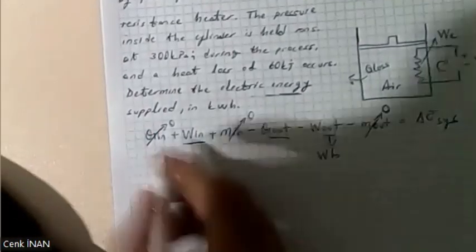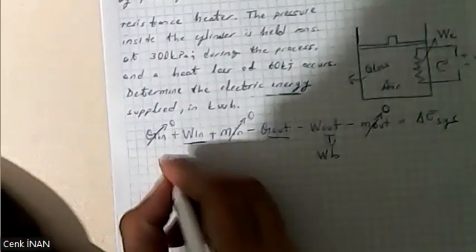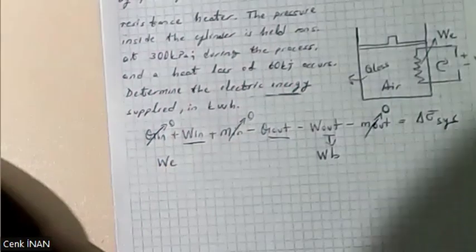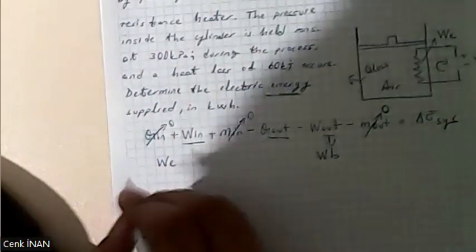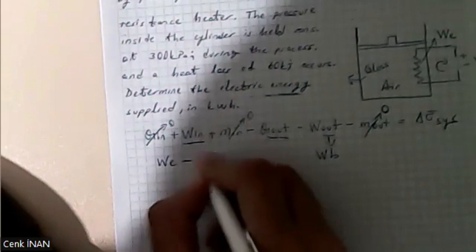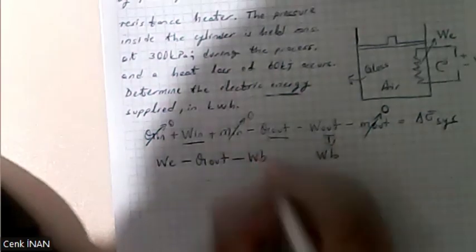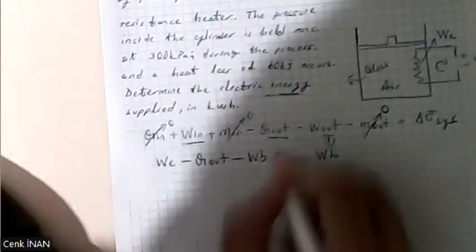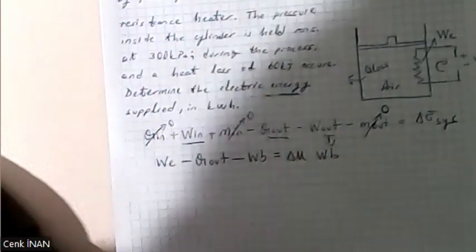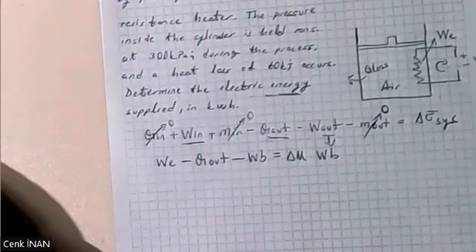Lastly, what we have is work input, which is electrical work, minus Q out, minus boundary work, equals delta U.